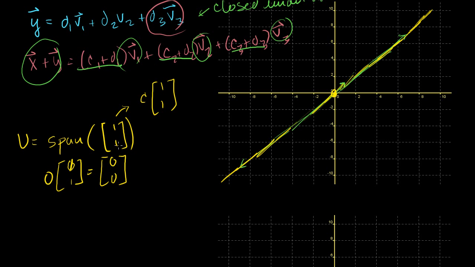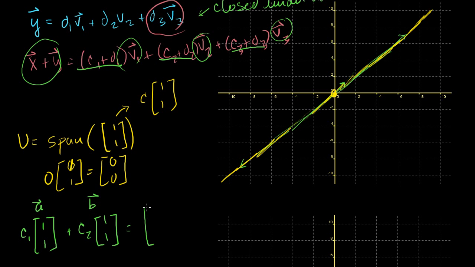So any two vectors in the span, let's say that I have one vector A that's in my span. I can represent it as C1, some scalar, times my vector there. And then I have another vector, B, and I could represent it as C2 times my one vector in my set right there.